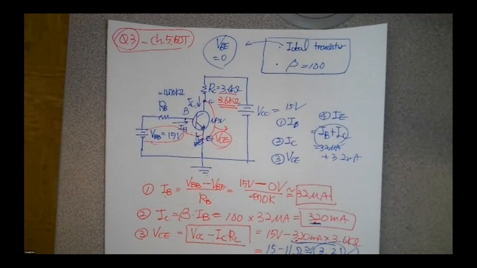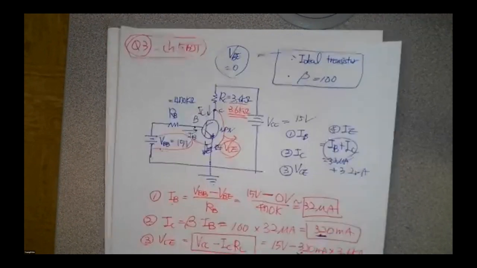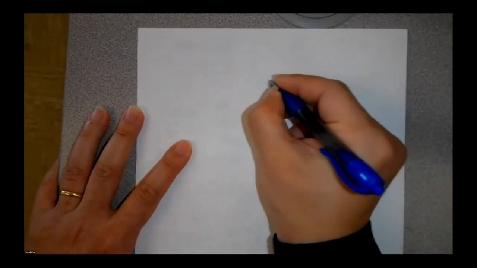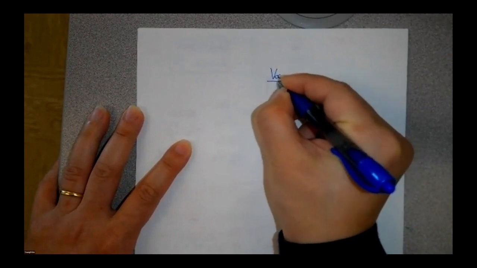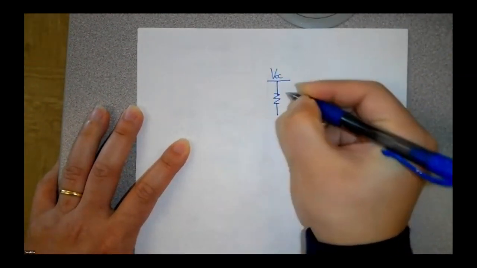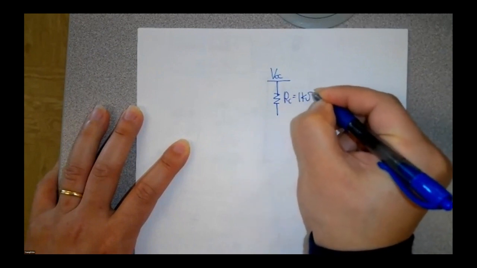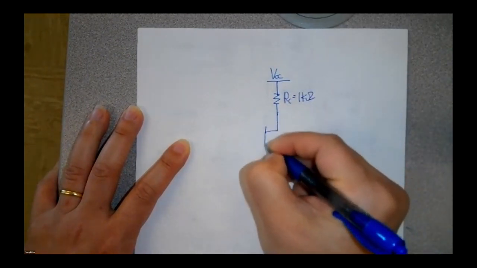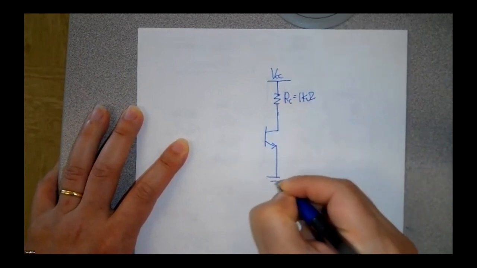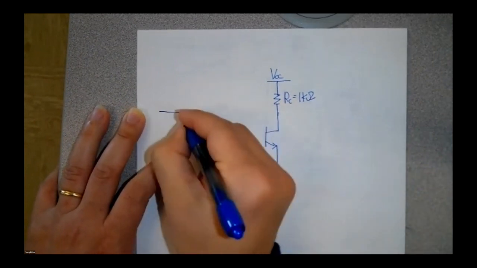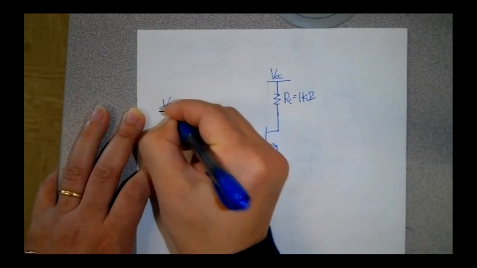That is really the same circuit, because I think you might be confused, but I'm going to write it out for you here. So that was V sub CC. That was R sub C, 1 kilo ohm here. And that was V sub BB.